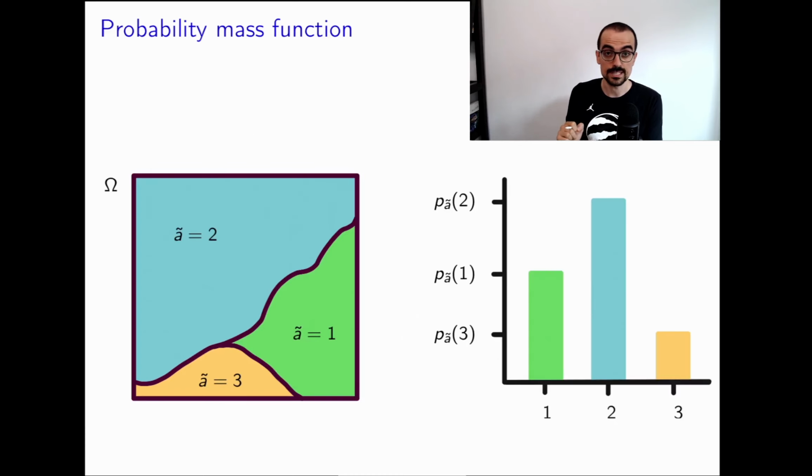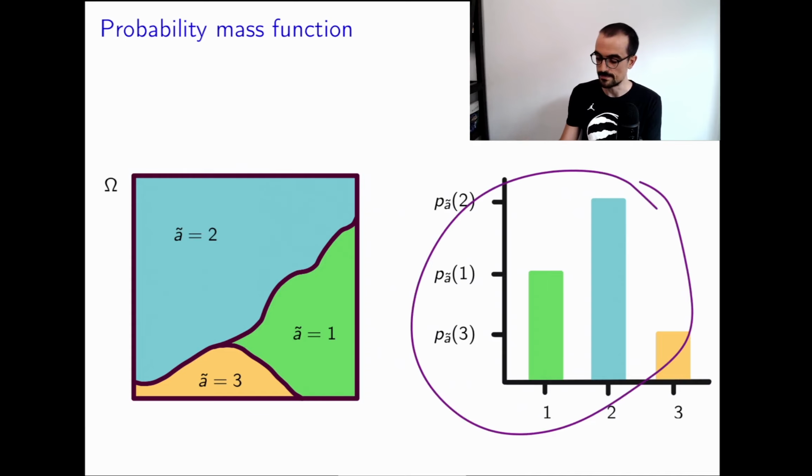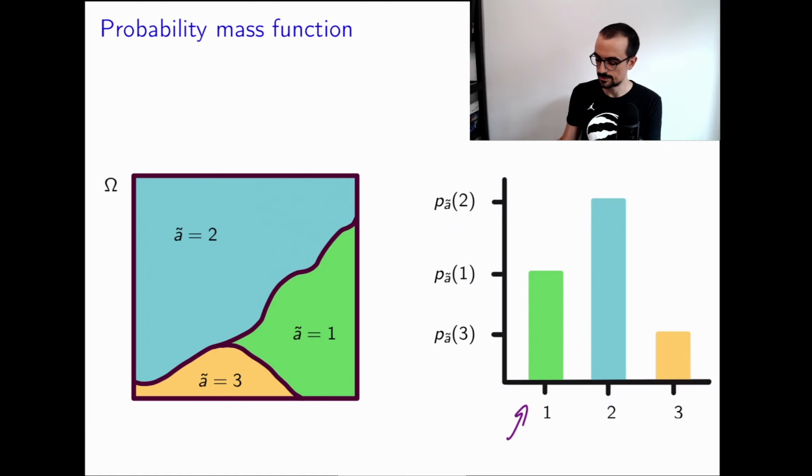Okay, so here is the picture. This is a very simple random variable that can only take 3 values, 1, 2, and 3. Its PMF is here on the right. The PMF tells you the probability of each of the values.